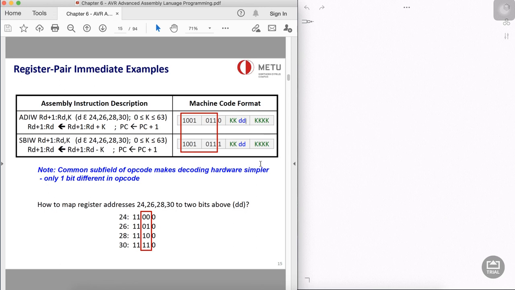And the KK is just the constant or the immediate that you want to define, which is between 0 to 63. Once again, as we have common opcode fields, it makes the decoding hardware simpler. Only one bit is different in each of these opcodes. So you just need to know that these values belong to the register pairs for DD, and that's what you need to use.